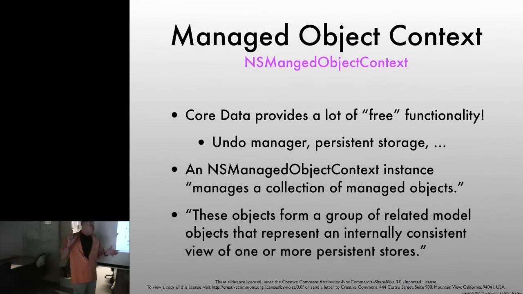So now we need to start talking about how this can all be implemented and how all of this can start to make sense, and how the framework can handle these types of graphs and relationships between entities. Core Data itself has a lot of built-in functionality, a lot of free functionality that comes with it.